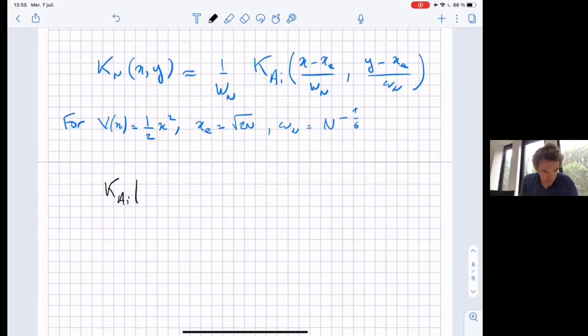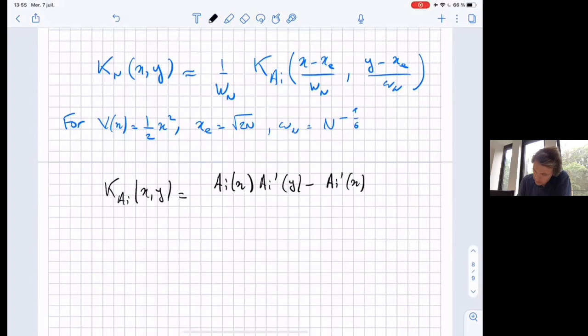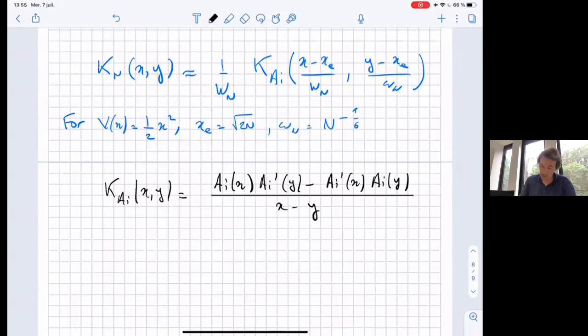Let me give it in terms of two variables, x and y. It has this nice form in terms of the Airy function: Ai(x) Ai'(y) minus Ai'(x) Ai(y), divided by x minus y.